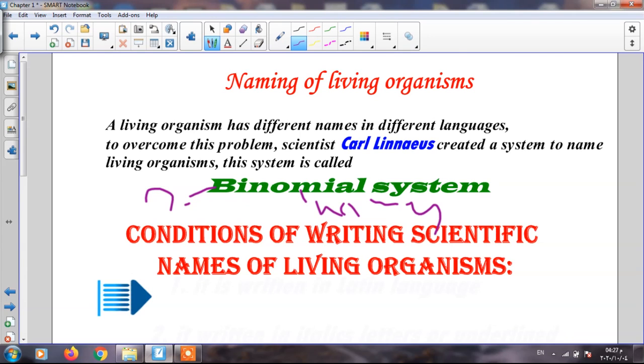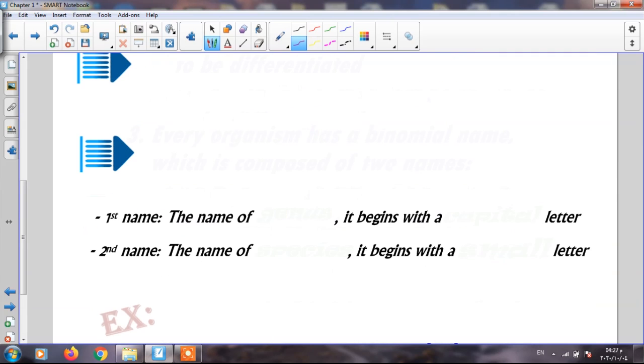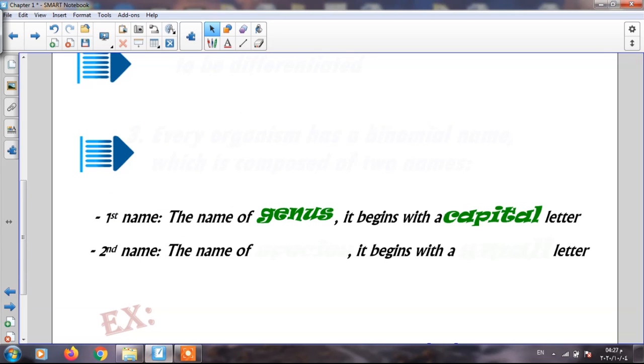The first name of the living organism represents the genus, and it begins with a capital letter. And the second name is the species, and it begins with a small letter. What are the conditions of writing the scientific names of living organisms in the binomial nomenclature system? There are three conditions.